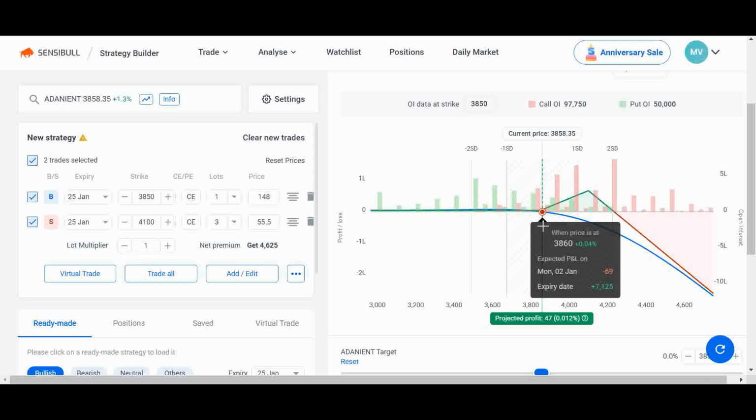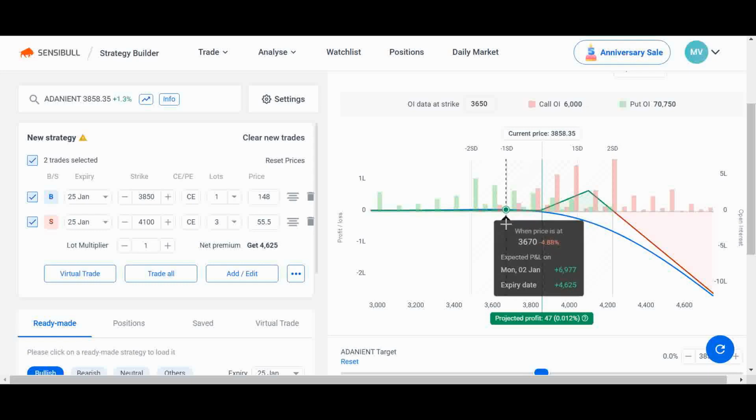Even if the market goes to zero, you won't lose anything. To be frank, you will get some good profit also. On expiry, if the market is trading below this level, you are going to collect some premium here. You can make up to 4 to 5,000 profit.